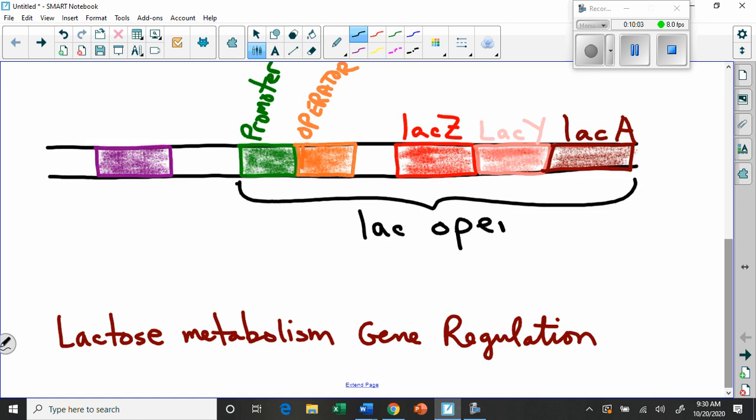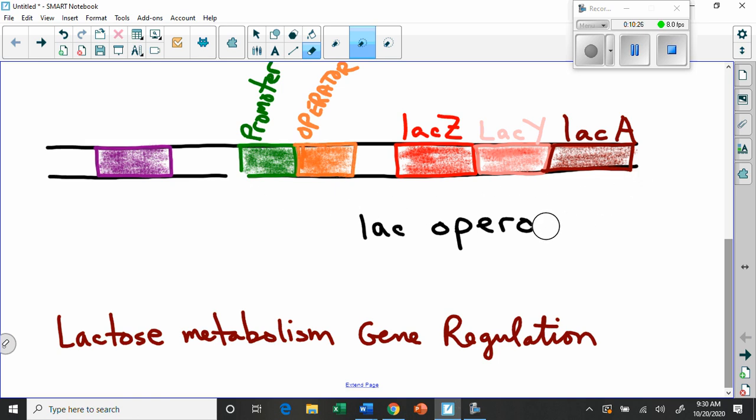So the word operon is used to describe the promoter part of the gene, the operator part, and the enzymes. Actually, you know what I'm going to do? Did you already write that word? I should have written it on the top because we need to write things on the bottom. No, it'll get too crazy. Let's just white it out. Sorry.